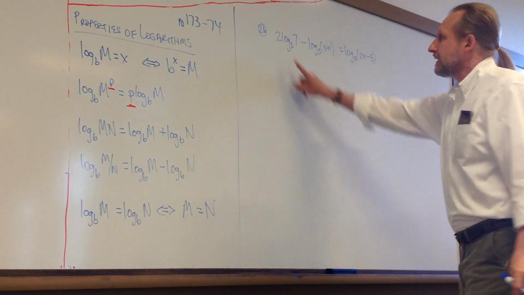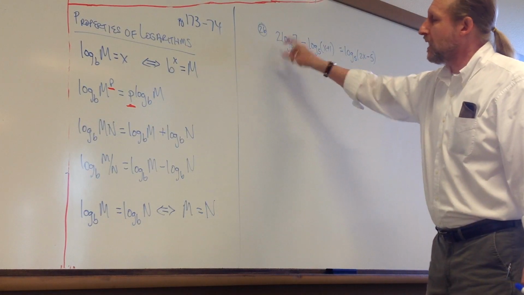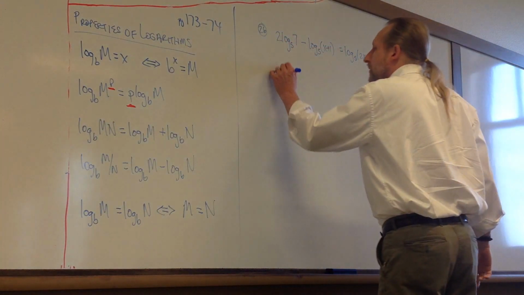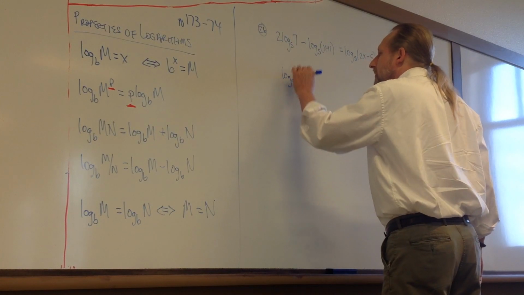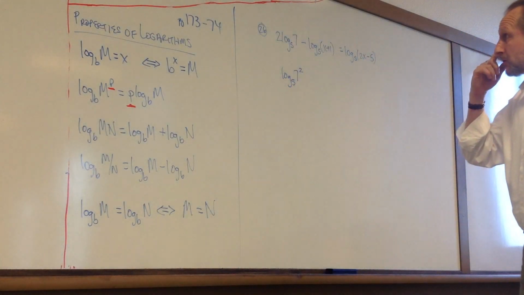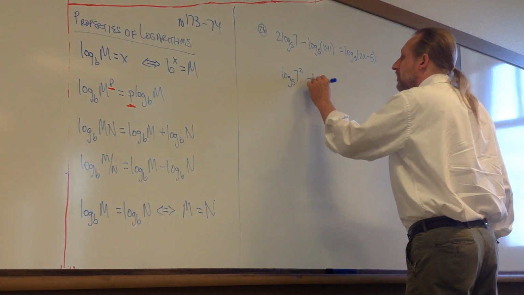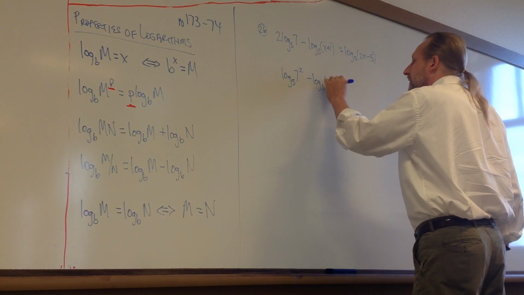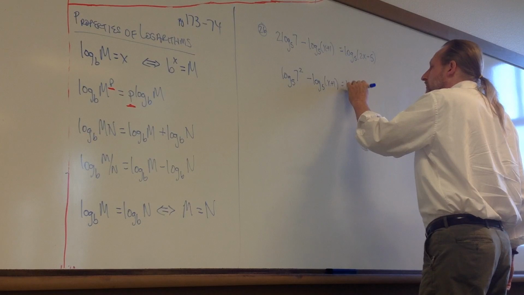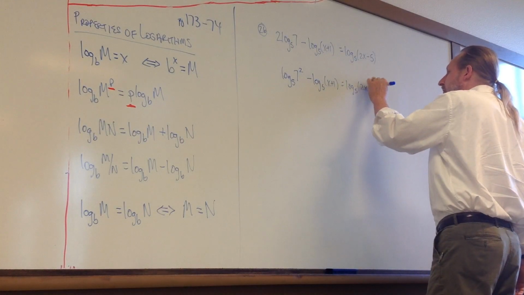Okay, so again, we've got the same issue here in this problem as we did in the last one. So we want to rewrite this as log to the base 5 of 7 squared, and then minus log to the base 5 of x plus 1 equals log to the base 5 of 2x minus 5.